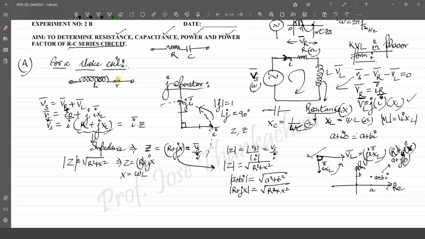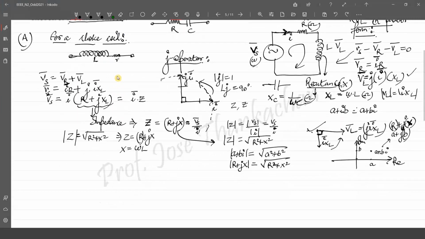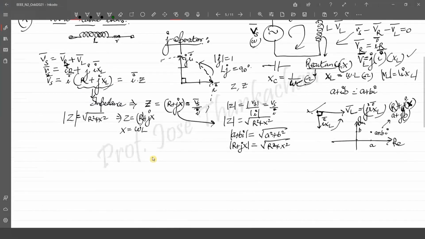So what are we going to do for this particular choke coil? This is your inductor. Then this is the small resistance r of your choke coil, and this completely represents your choke coil.